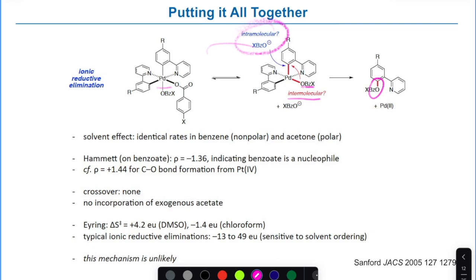They did a Hammett measurement where they varied this parameter on your benzoate ring. And you can see that the Hammett parameter here came out as a -1. So think back to Hammett effects. How do you interpret that sort of outcome? Yes, so that's opposite, right?